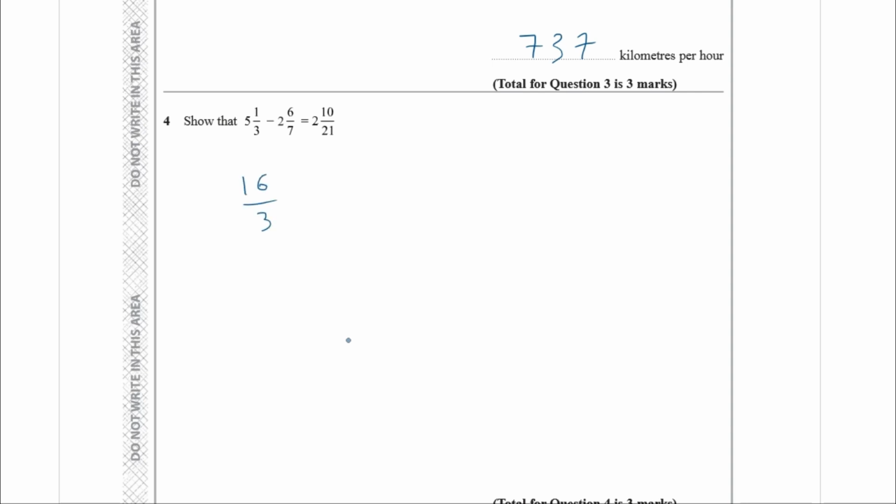If you wanted to change 5 plus 1/3 into thirds, you could say that that's 15/3 plus 1/3, which is 16/3. Okay, so that's 16/3, and then for the next mixed number, using a similar strategy, you can say it's 14/7 plus 6/7, which will give you 20/7.